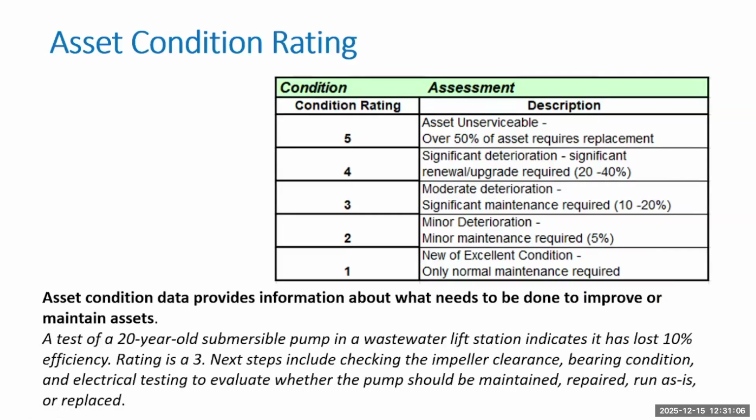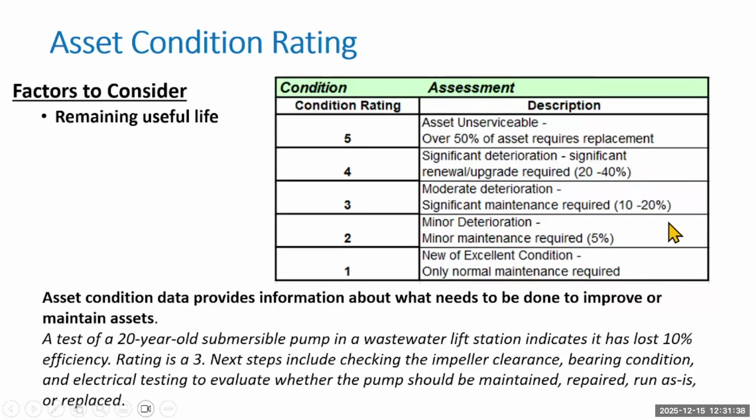If we look at that rating of 3, it's a moderate deterioration, significant maintenance required, 10 to 20% of its life or efficiency. Next steps would include checking the impeller clearance, the bearing condition, and electrical testing to evaluate whether the pump should be maintained, repaired, run as is, or replaced. So that's asset condition rating.